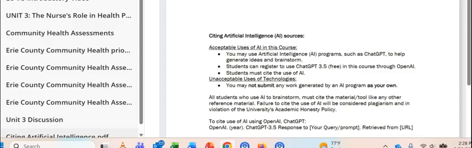And their use of AI, of course, in this specific course was different. But I do agree that you can use AI to do certain things in this course, to generate ideas, to brainstorm. You can register for ChatGPT, which is free through OpenAI, but you must cite the use of AI. That's my biggie.